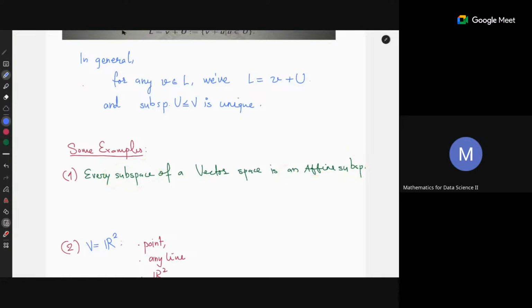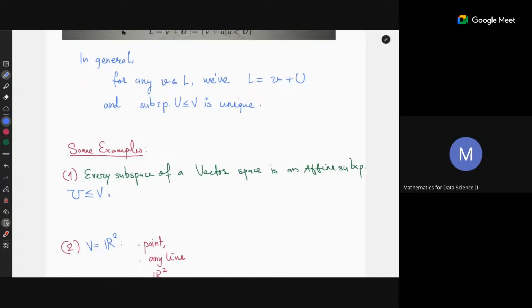So how do we see it? In order to say that it's an affine subspace, let's say U is a subspace of V. I need to express U as a vector in V plus a subspace. So what vector should I take? I can take any vector from U, or I can take the zero vector.